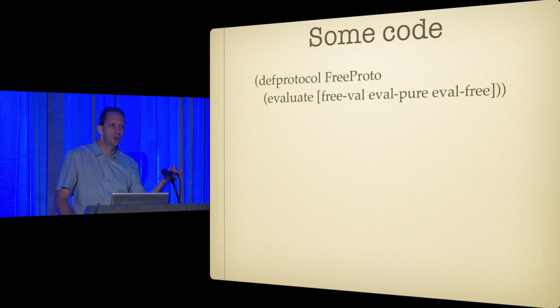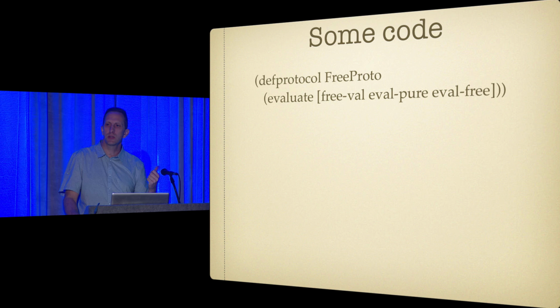We had the leaves, which were all pure, and we had the interior nodes, which were free, that had been wrapped by that free thing. And then we also had the f-applied, the free A interior nodes. So evaluate itself takes care of the free A types. But you need to give evaluate functions that tell it how to deal with the pure values and the free values. And so that's what eval pure and eval free are.